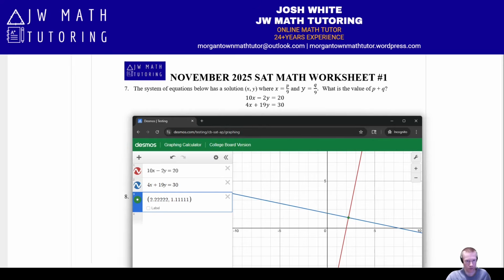Okay, so we get this, right? The problem is, if you type in exactly, actually let me do this. Let me duplicate this so I have 2 entries. Just for the x's, if I do this, notice it doesn't give me the correct fraction. It's not something over 9.